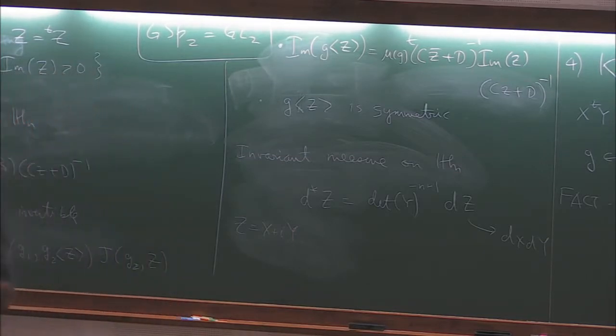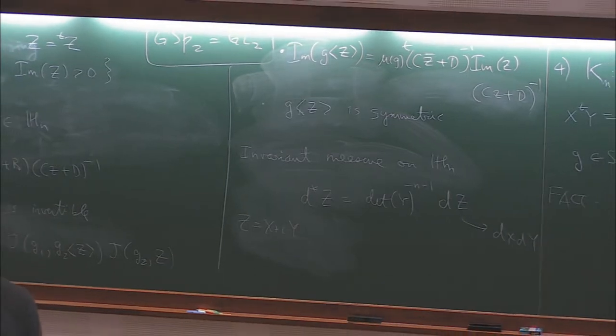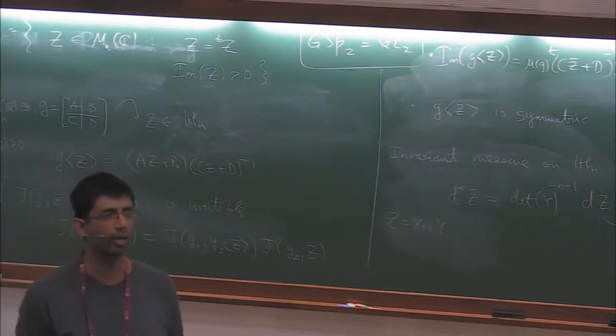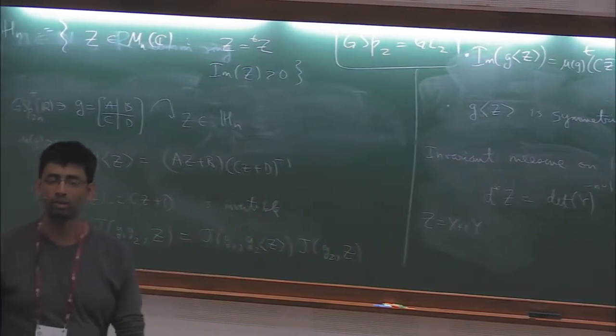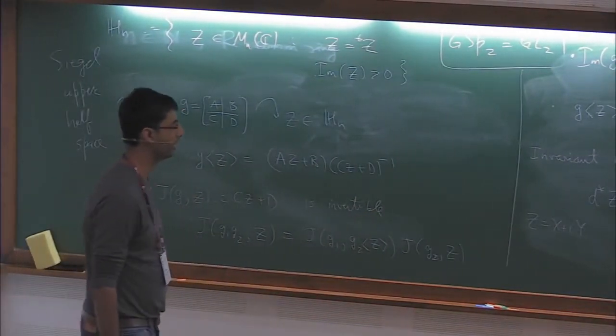This is the analog of the usual measure on the complex upper half plane which preserves the action of SL2(R), namely dx dy over y squared.